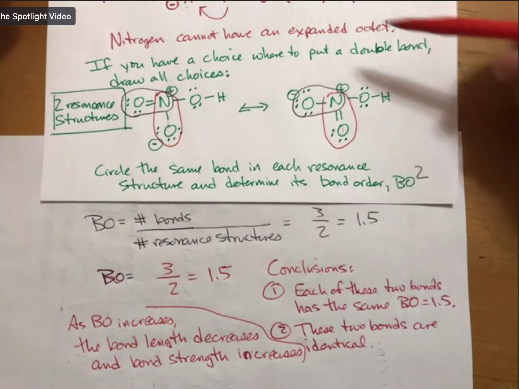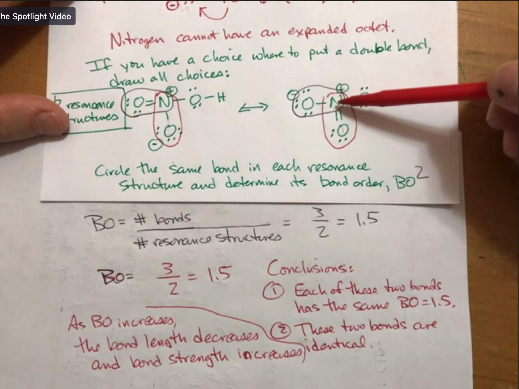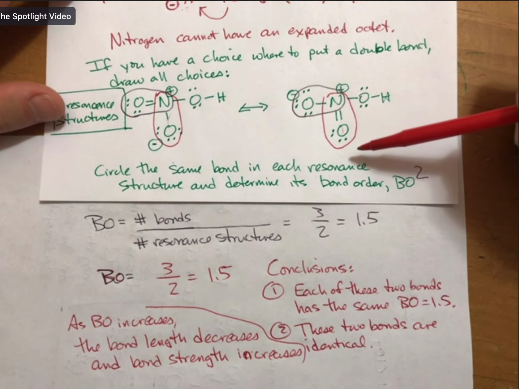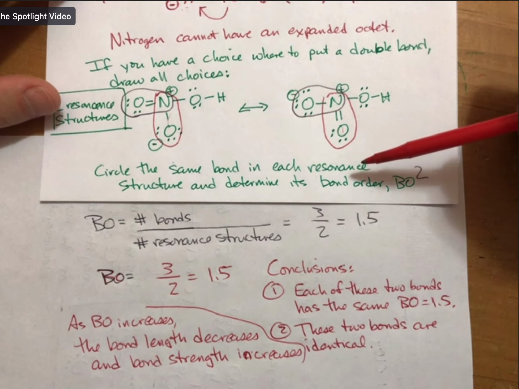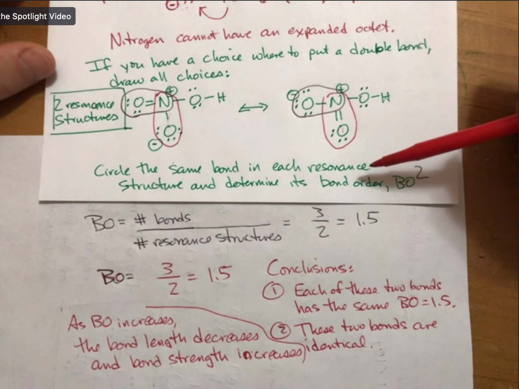And so the way in which you would tell that this is a 1.5 bond is because it would have a length halfway between a nitrogen-oxygen single bond and a nitrogen-oxygen double bond.